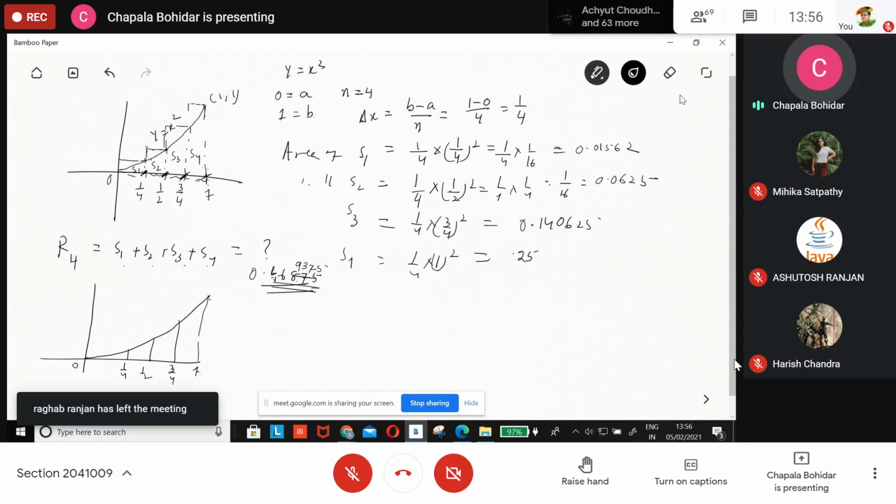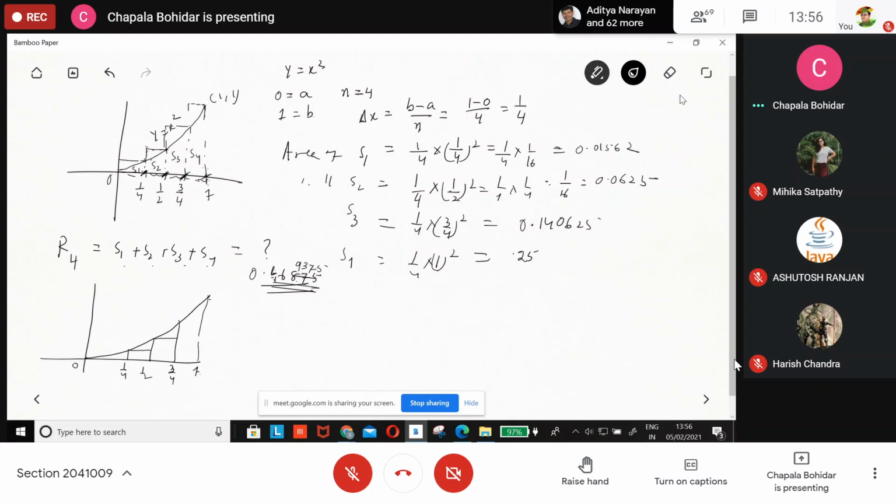So I am drawing my rectangles here. They are below the curve.